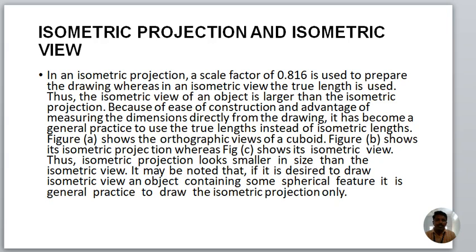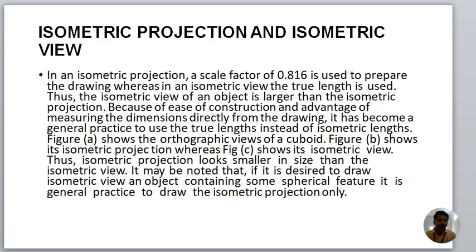Let us know more about isometric projection and isometric view. In an isometric projection, a scale factor of 0.82 or 0.816 is used to prepare the drawing, whereas in the isometric view the true length is used.